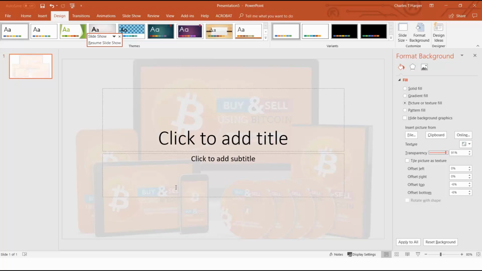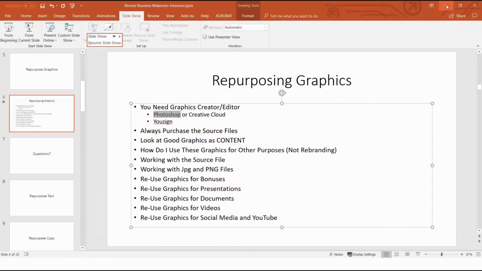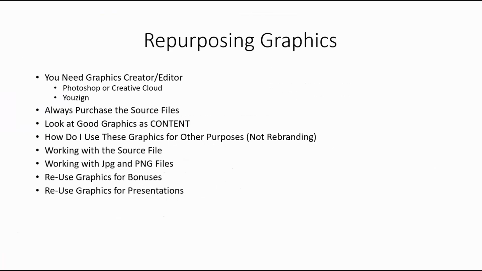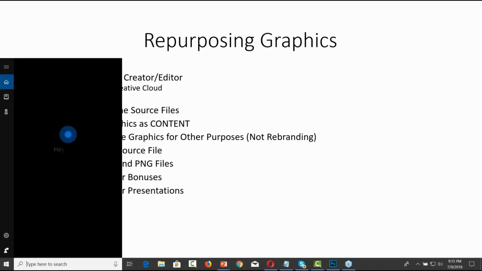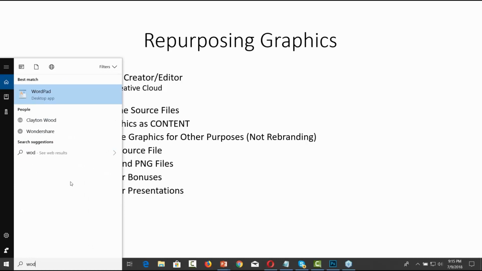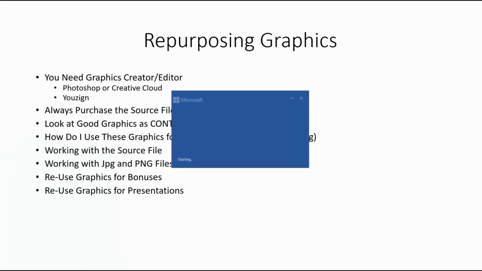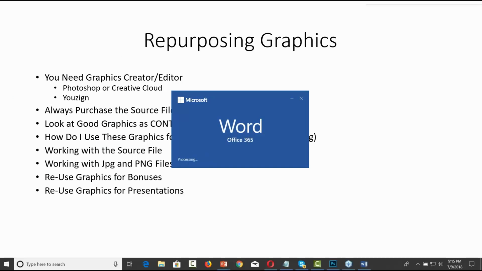Great. We can do the same thing with Microsoft Word. It's the same process. I don't have Word open, so let's just go in here and open up Microsoft Word. It's going to be pretty much the exact same process.